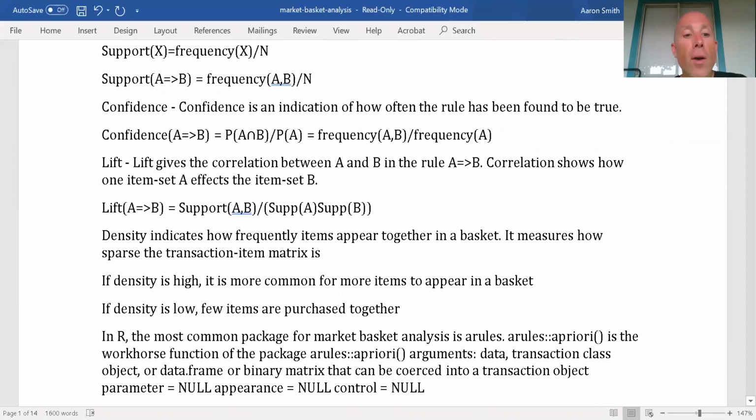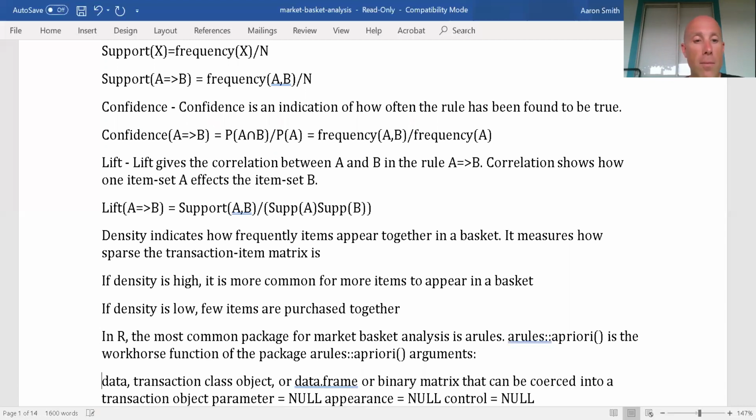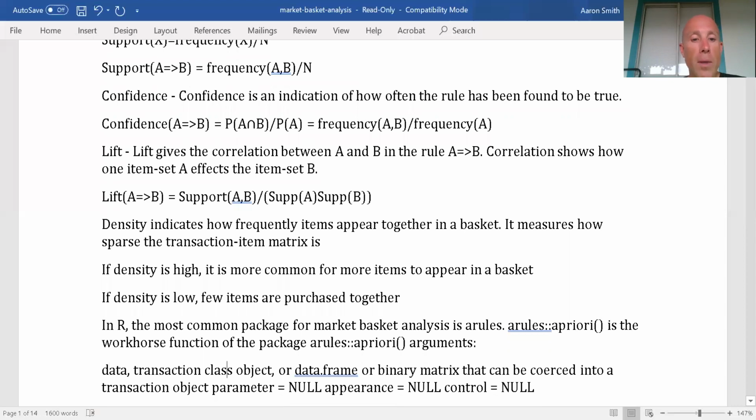All right, so in R, the most common package for market basket analysis is the arules package. And the apriori function is by far the heavy workhorse of this package. The major parameters are the data, which will usually be a DataFrame or binary matrix that can be converted into a transaction object.